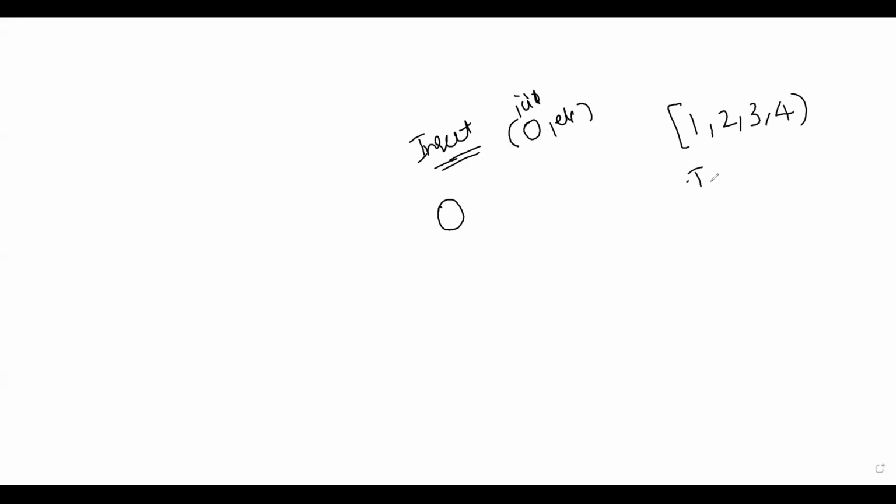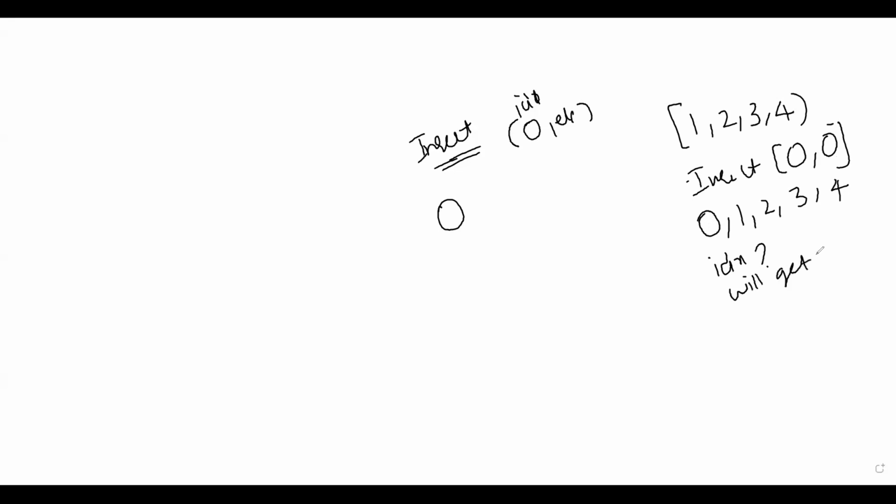If I insert an element at 0th index with a value of 0, and then 1, 2, 3, 4 follow, what happens to the indexes? Indexes will get shifted. Yes, exactly. This is O of n.